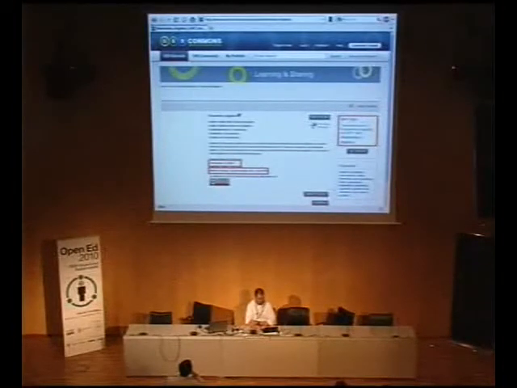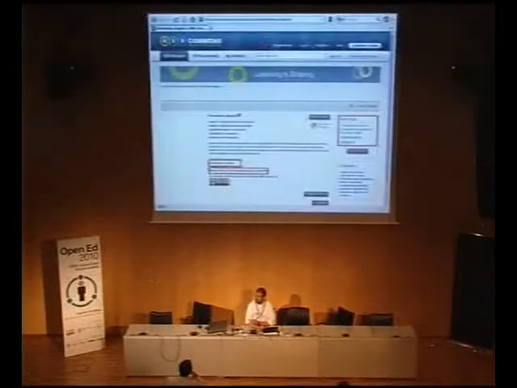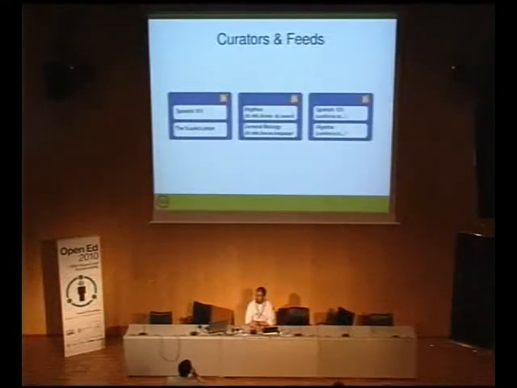So this is an example of two different curators providing information about the exact same resource, and ideally you'd want to provide all of this to a user for searching.